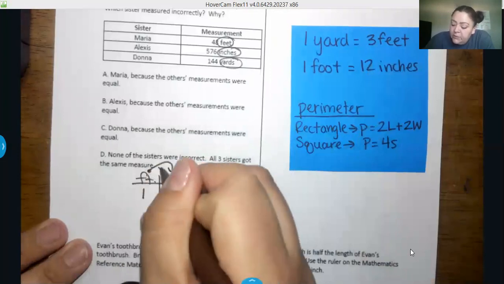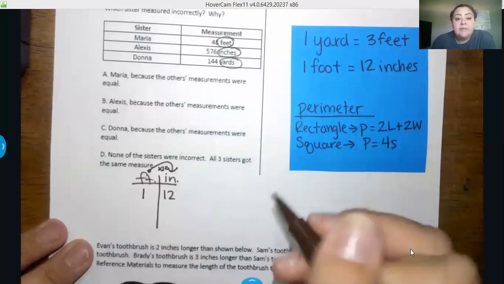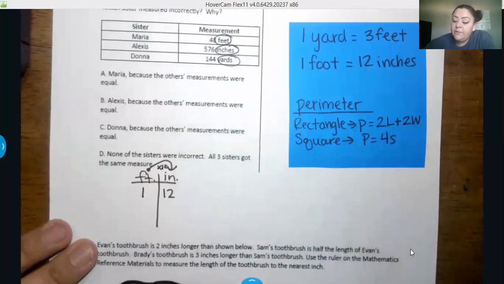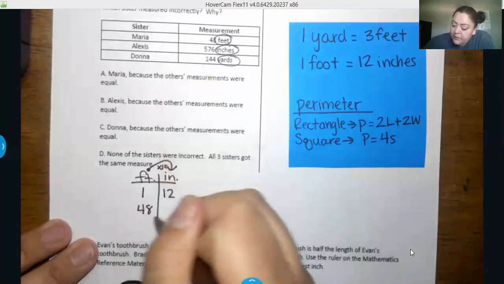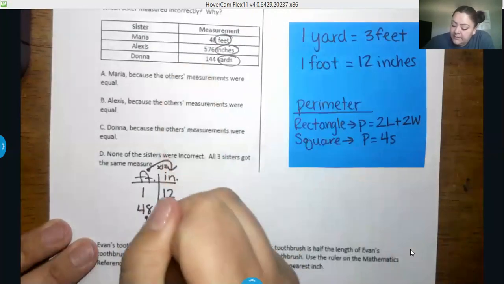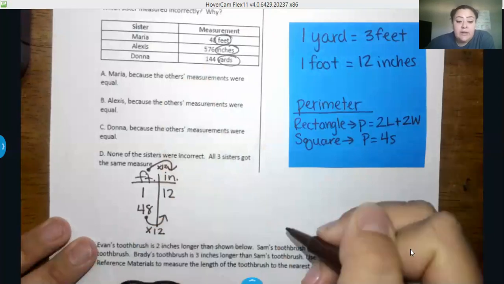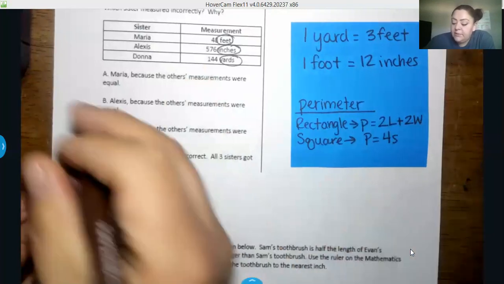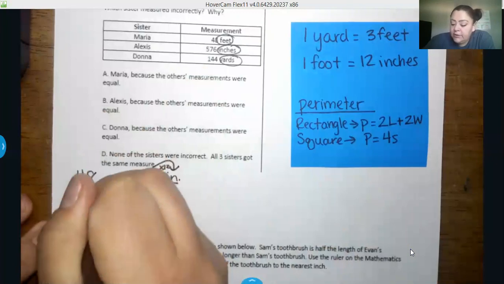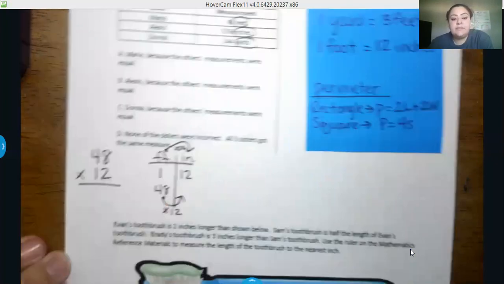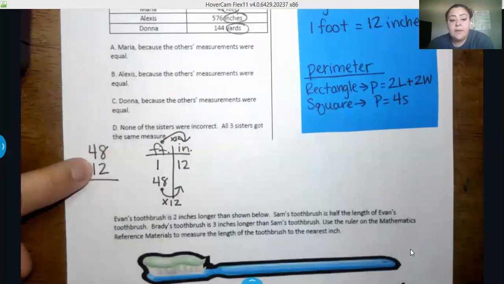So I'm going to find that relationship. It's times 12. Okay, then I'm going to plug in what I know. What I first know is 48 feet. Well, I'm going the same way, so it's going to be times 12. Okay, I've got a big problem here, so I want to make sure that I'm solving it correctly. 48 times 12. All right, so cover up that 1.